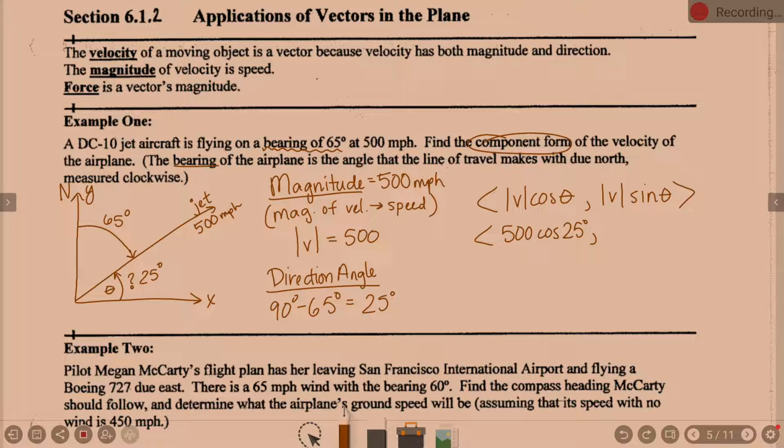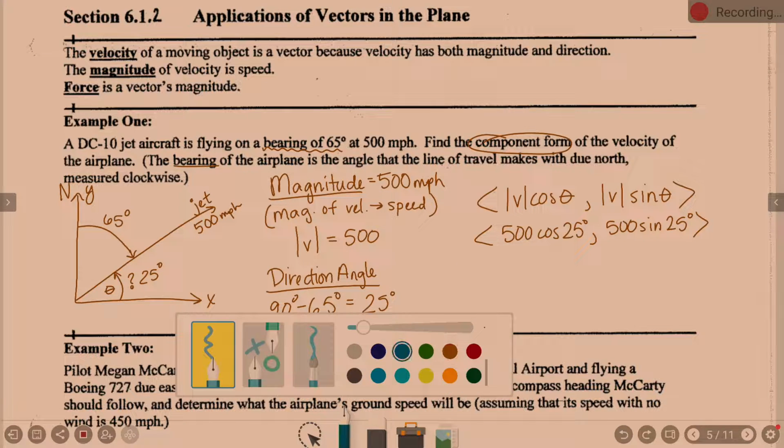That's for my horizontal component, or component A. And then over here, magnitude of 500 times sine of 25 degrees. And that's going to be for my vertical component, or component B. This being A, this being B.